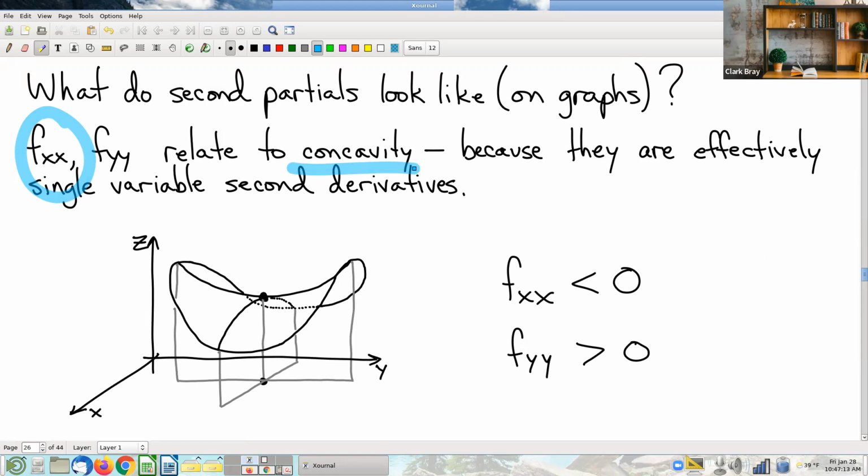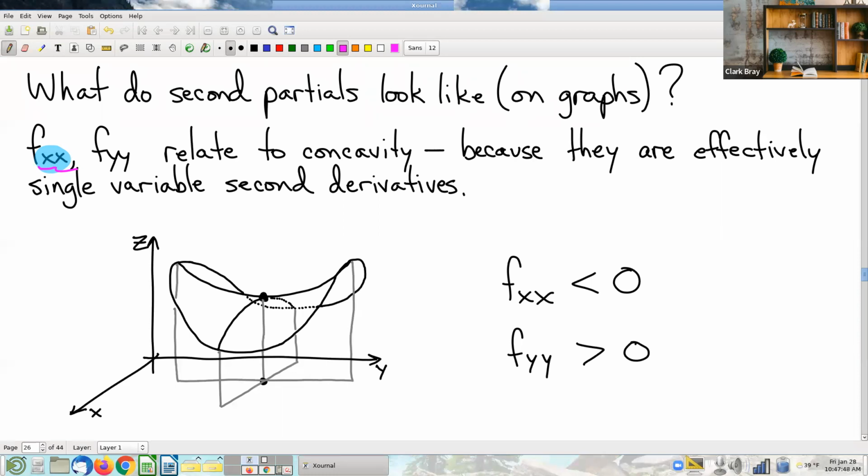When you're taking the xx second partial, the very first thing that you do is say, I'm going to treat y like a constant and pretend that we're doing single variable calculus. And then you straight up do single variable calculus. You take literally a second derivative with respect to x, of course, x is the only variable, of that resulting cross section.